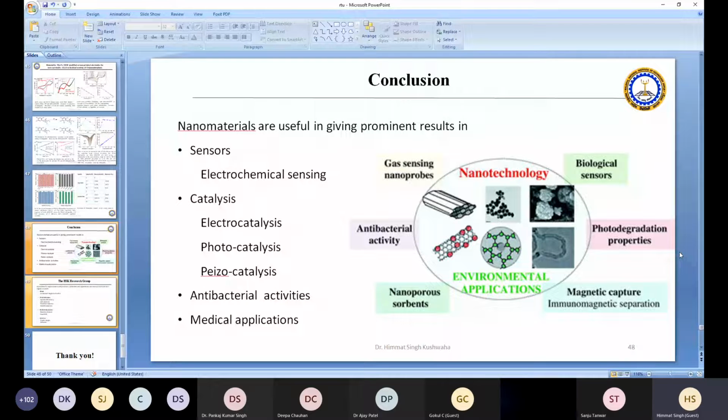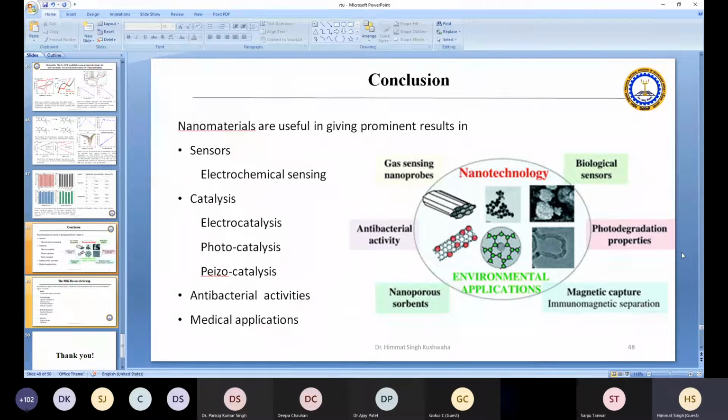So in conclusion, you can say that these nanomaterials are useful for environmental applications like catalytic processes or sensing applications. Electrochemical sensors can be fabricated which have rapid response and compactness, and on-site detection can be performed.